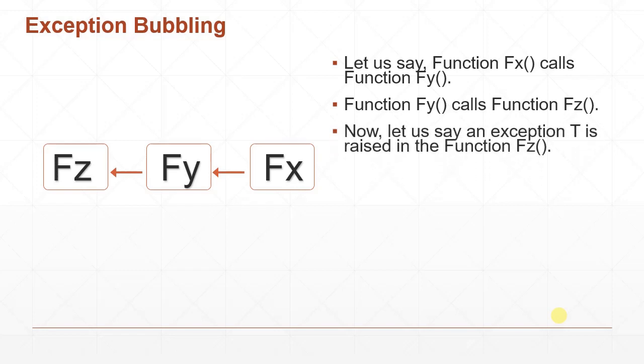Now let us say an exception of type T is raised in some statement in the function body of fz. When the exception is raised in fz, the immediate thing Java does is look for a catch block. First it makes sure whether it is in a try block, then it looks for a catch block.